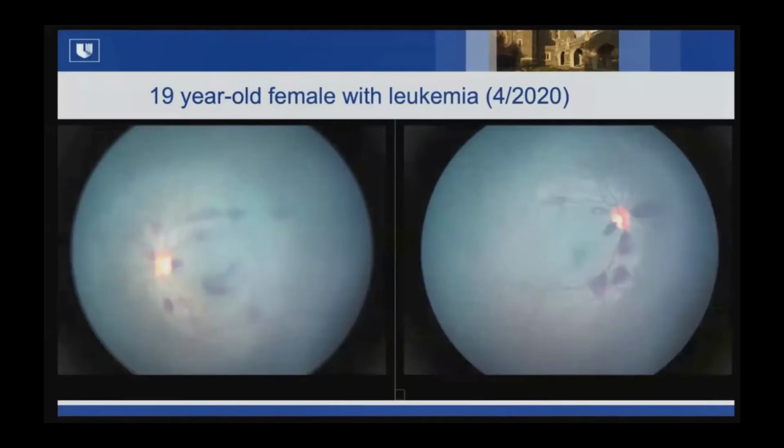This 19-year-old female was seen in the hospital when she was admitted, and she was receiving treatment for leukemia in April of this year. Now, in order to be fair, yes, these photographs are RedCam photographs.